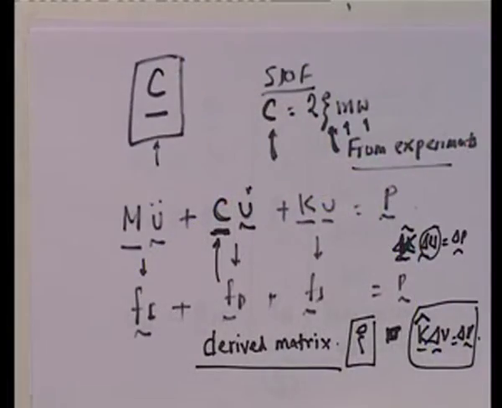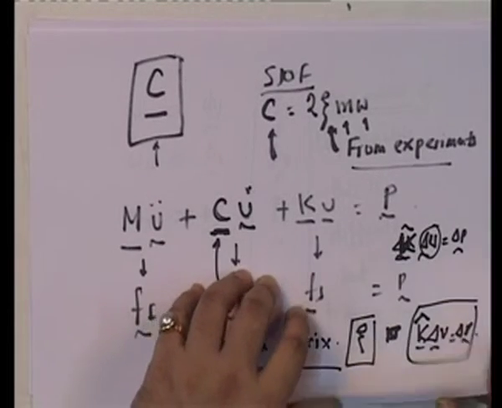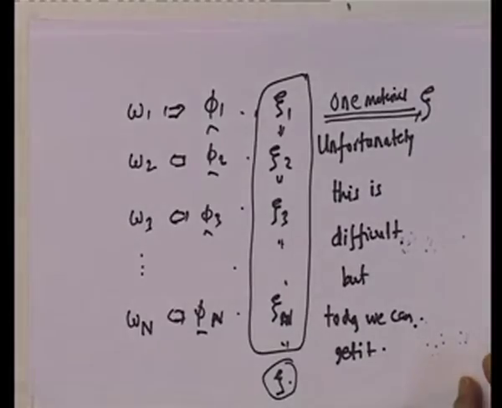So it goes back to the fact that to get this we need the C matrix. So how do we get the C matrix? As I showed you, in single degree of freedom, damping had a very eclectic beginning.